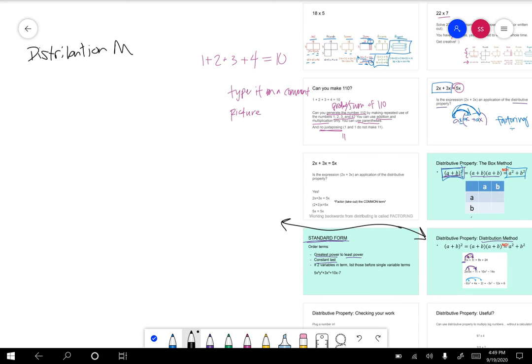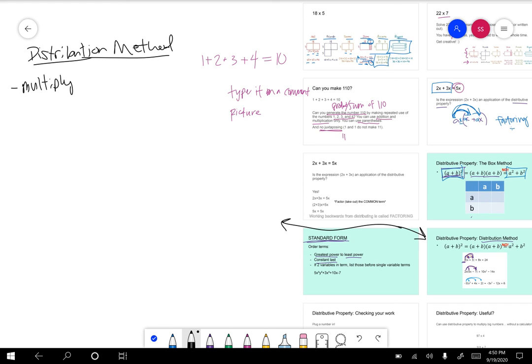Distribution method. Okay. So essentially what you're going to do here is multiply each term in one expression by each term in the other one. So I'll write that out.